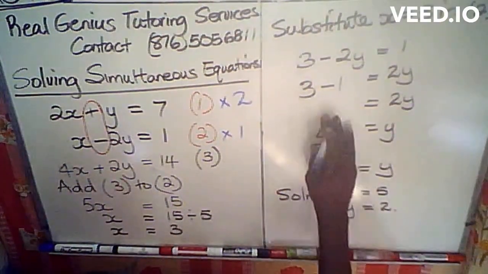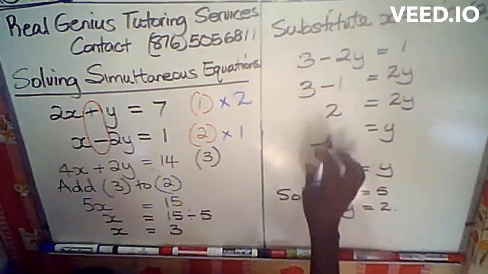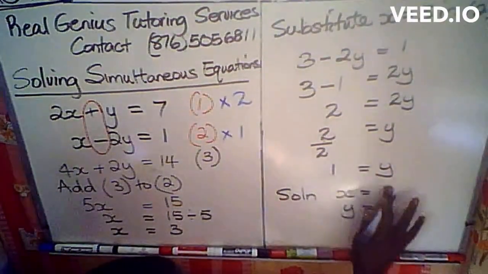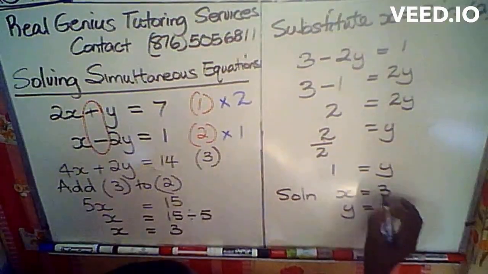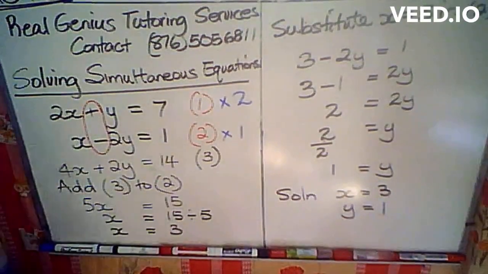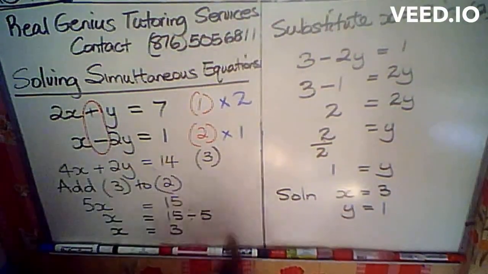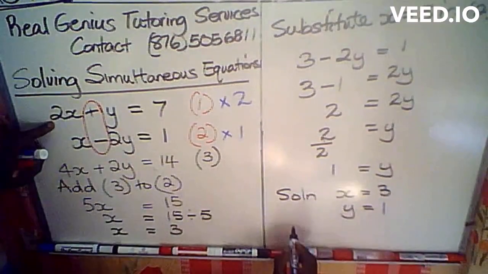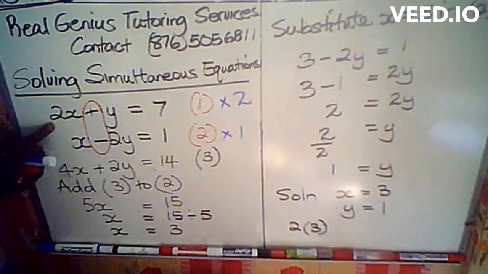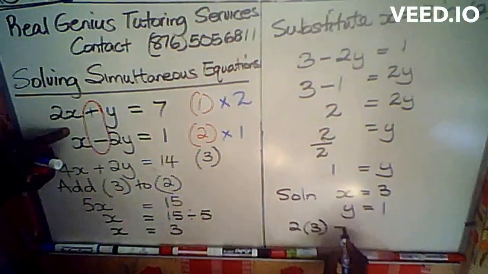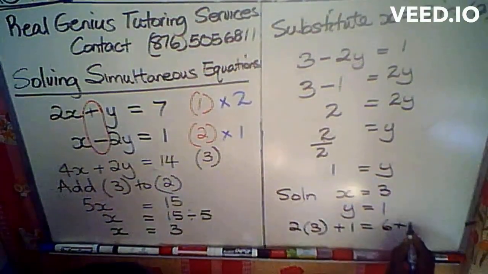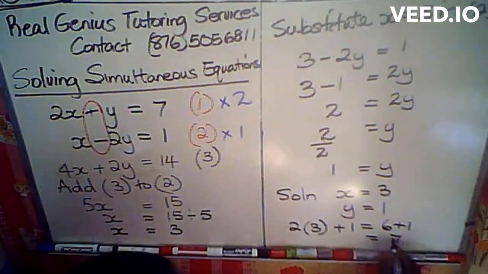So this is going to give me 2 here. So 2 upon 2 equals 1. So x is equal to 3 and y is equal to 1. So I have done my corrections. And so if I should put this into 1, I would have 2 times 3, to prove it, plus 1, which is equal to 6 plus 1 equals 7.